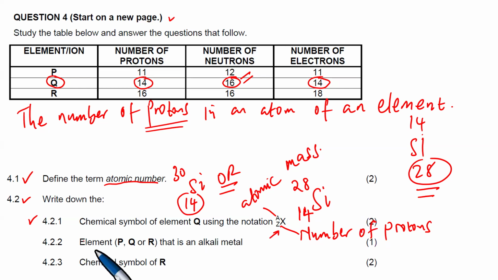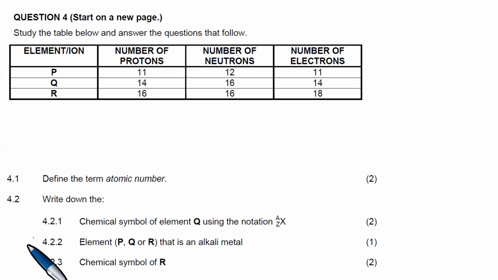Now, I want us to continue looking at 4.2.2. Element PQR. So this one we saw is silicon, and here you can put 30 and 14.